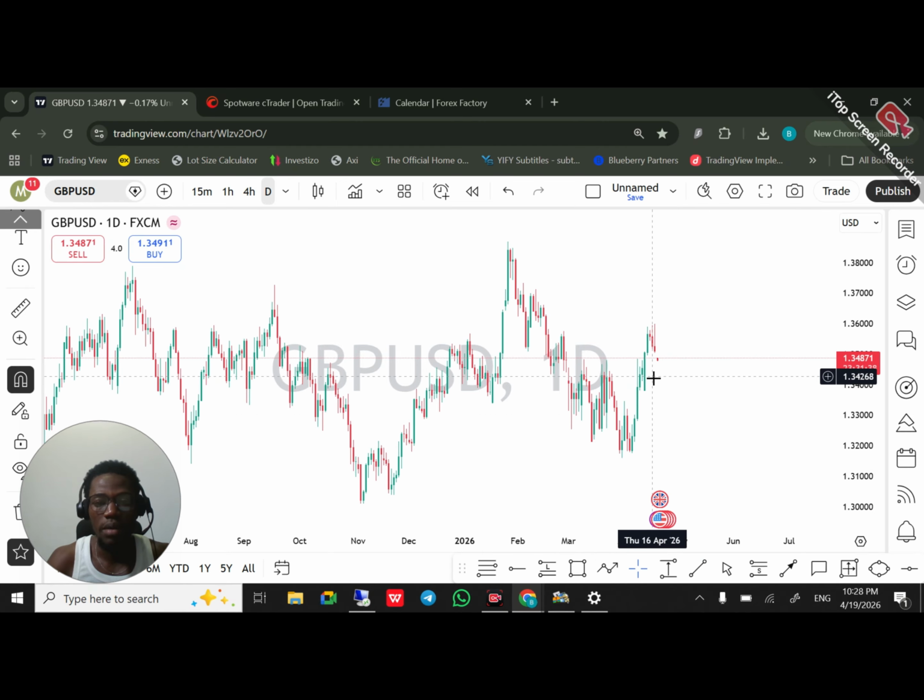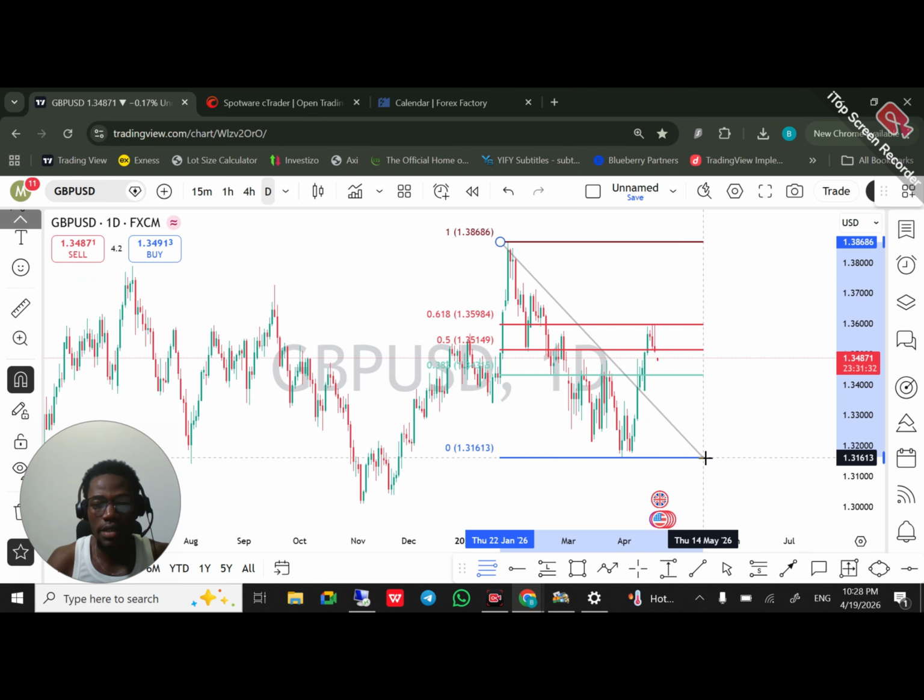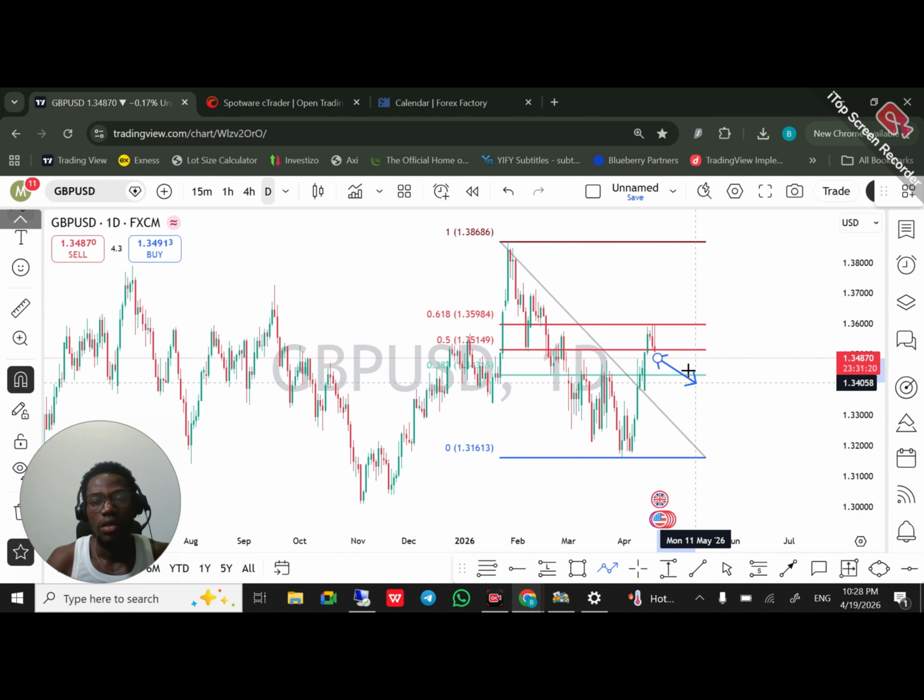But on this daily time frame, the market is currently sitting at a Fibonacci level, which by the law of Fibonacci, we should be retracing to the downside. So if this market breaks Fibonacci, then we should be looking for this market to get up to 1.3873. Or if it's going to be sustained here, then we're looking to sell it downward to 1.3161 or thereabouts. So we are currently at a cross point.